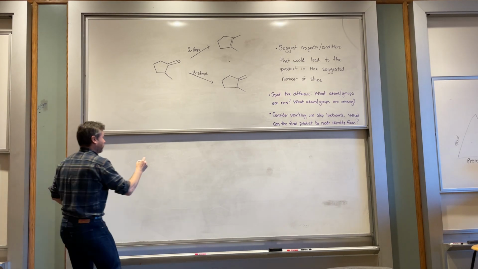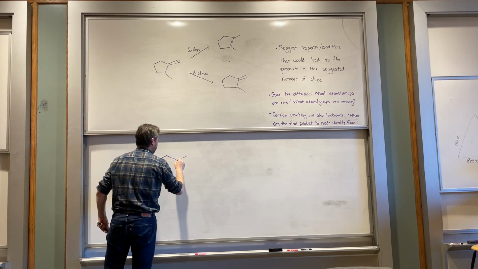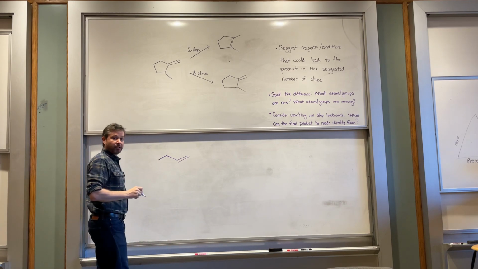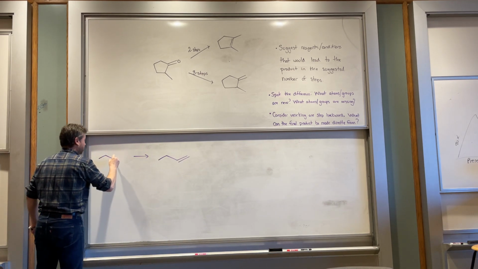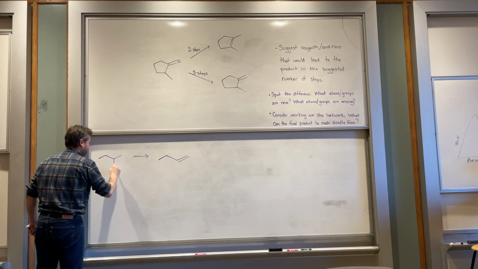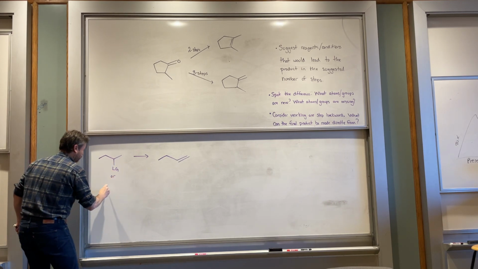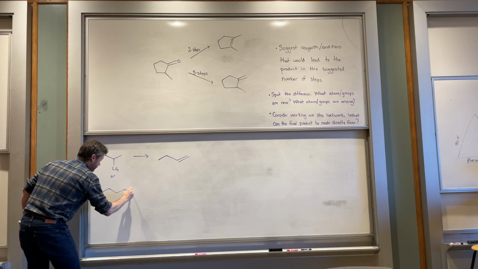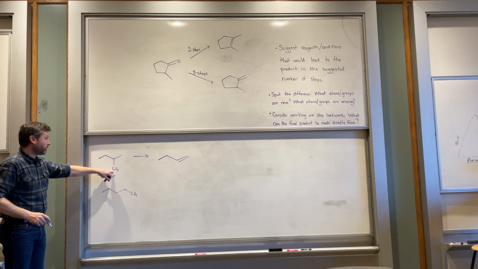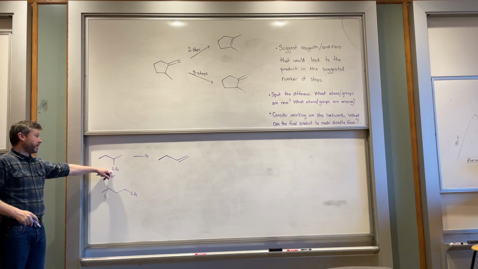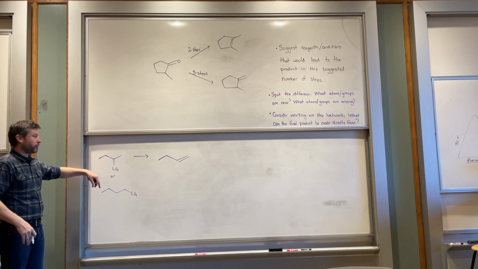So, for example, if you were asked to make something that looks like this, you would probably propose a starting material that has this general structure, or that general structure. You know you need some leaving group, and then depending upon what that leaving group is, you can decide what you need.